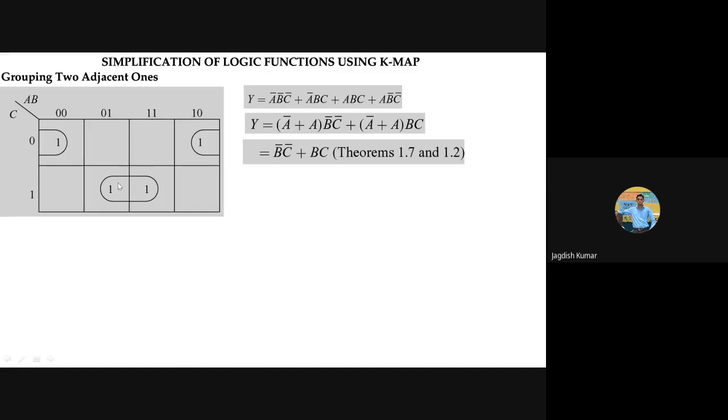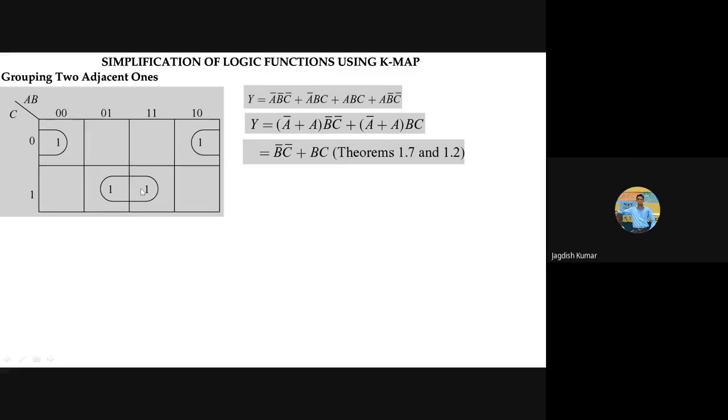What is the meaning of this information? Whether I change A from A to A complement, there is no change in output, isn't it? Even if A changes from A to A complement, there are only two values any variable can assume, either 0 or 1. So whatever is the change in A, there is no change in output.